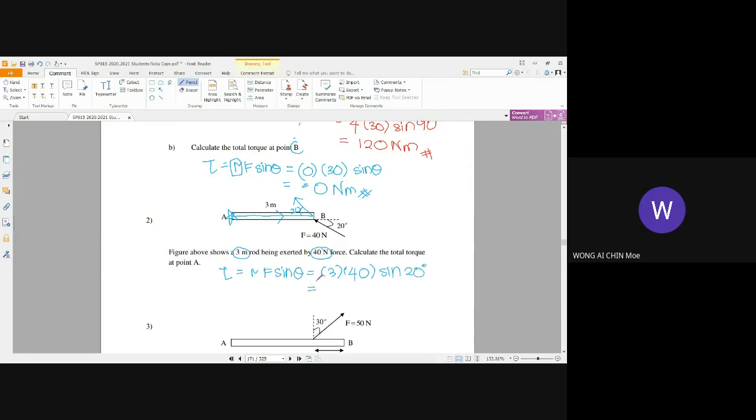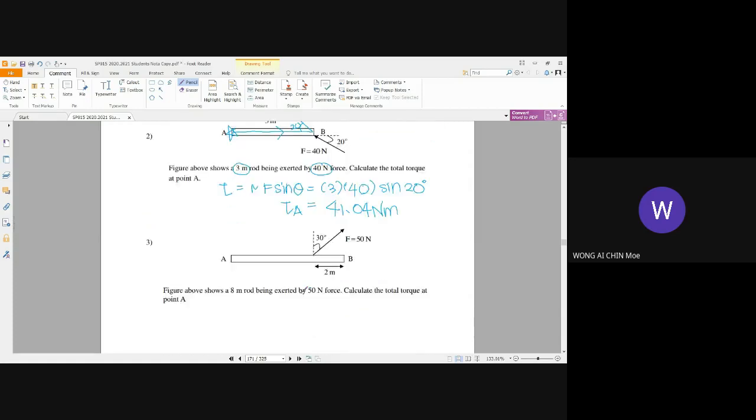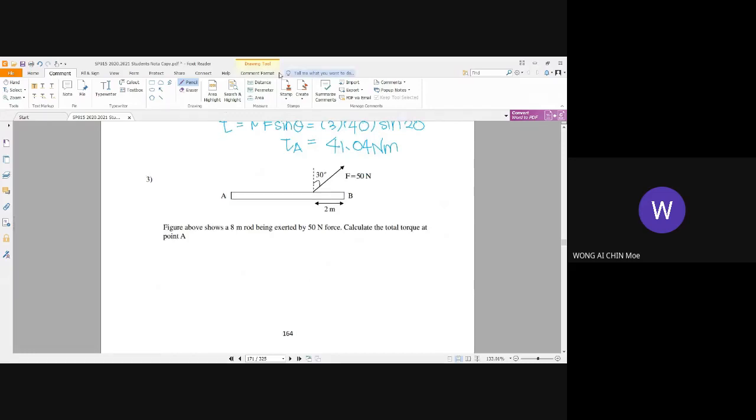Please calculate 3 times 40 sine 20, you will get 41.04 Newton meter. So this is the torque from point A.